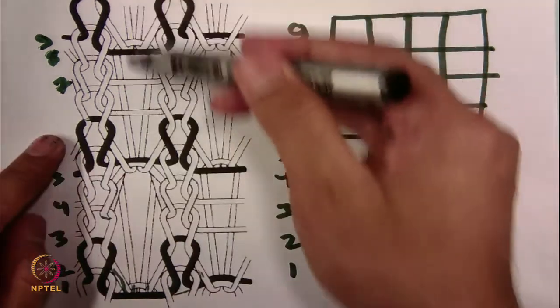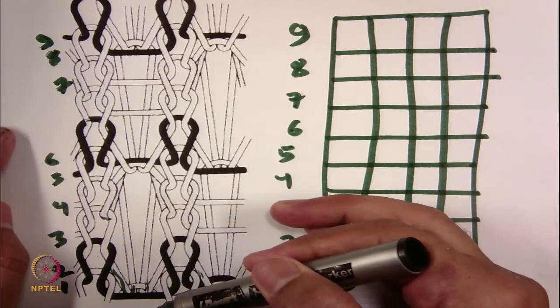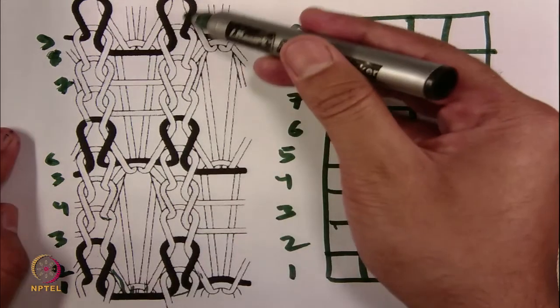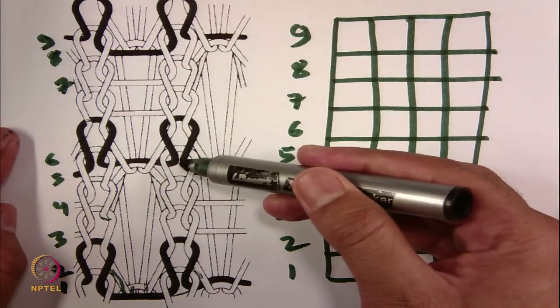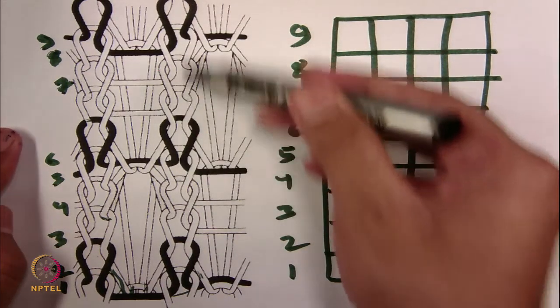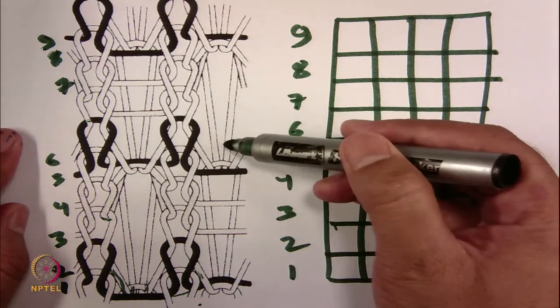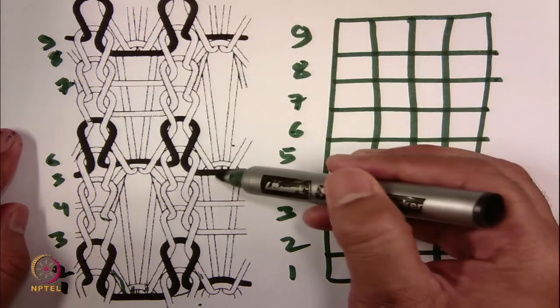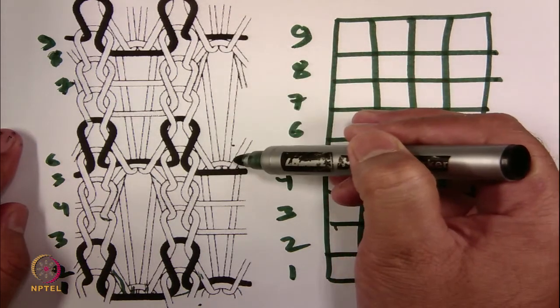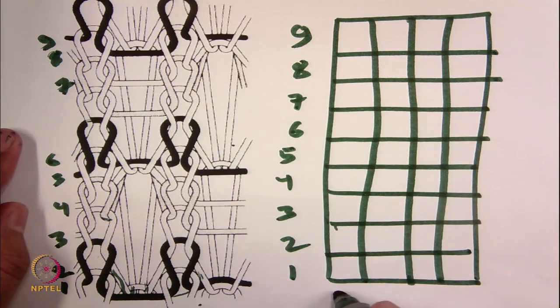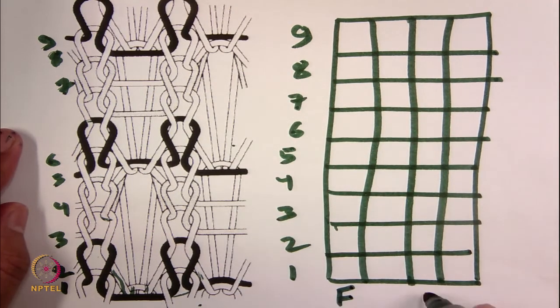So, in this column the needles are operating on the technical back side, and in this column on the technical front side. Again if you go for this one, this needle is again technical front, and all the loops in this column are technical front. Again if you go for this particular column, it is on the back side. This is back bed needles. So, the first column is front needles.